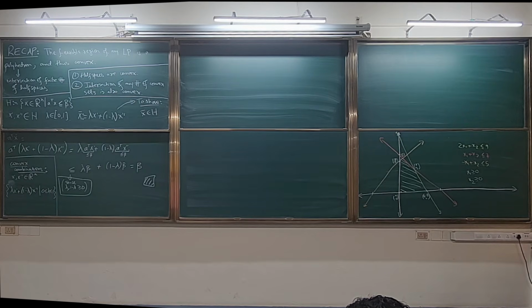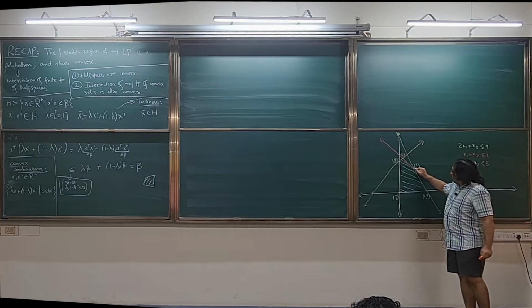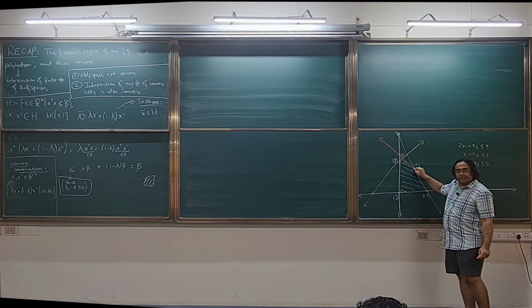Right. So what Aditya is saying is that if you take any corner, you cannot write that corner as a convex combination of 2 other points. By other points, you mean they are not the same.